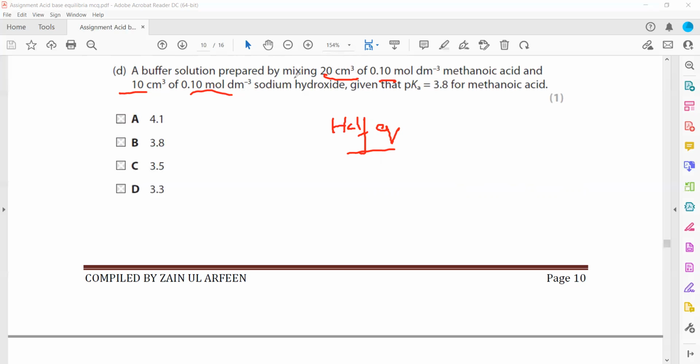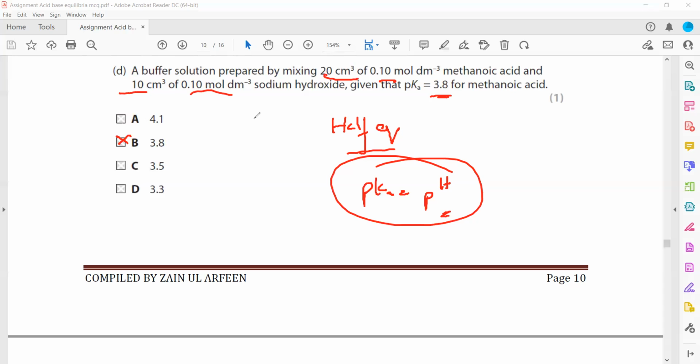When they react with each other, we are left with 10 cm cube of the salt and the acid. So as a result, at a half equivalence point, the pKa will always be equal to the pH. If the pKa is 3.8, the pH will also be 3.8.